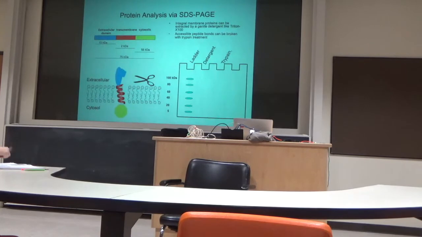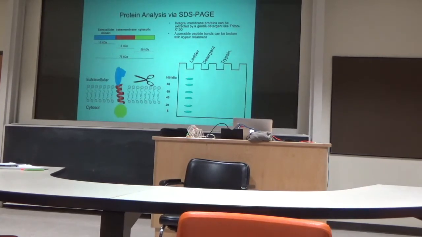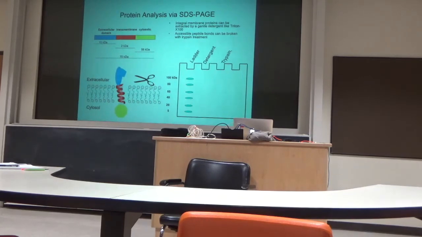Because trypsin is a protease, it's a protein, so it can't cross cells. It cuts after arginines and lysines, after basic amino acids, positively charged amino acids. And those are so commonly found in generic proteins that anything that's exposed to trypsin will be cut into small peptides that are not resolvable on a gel.